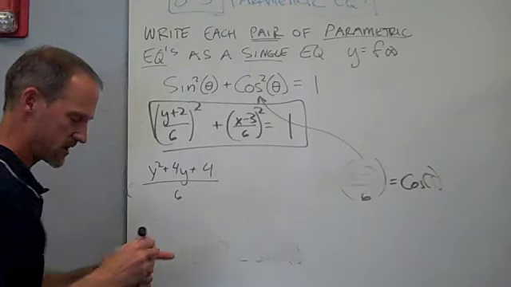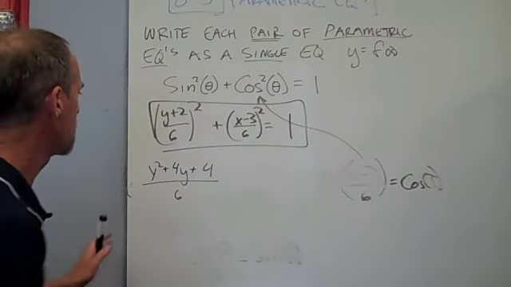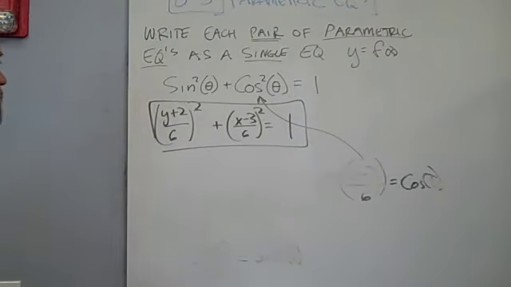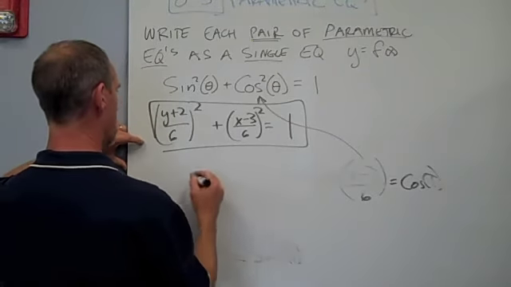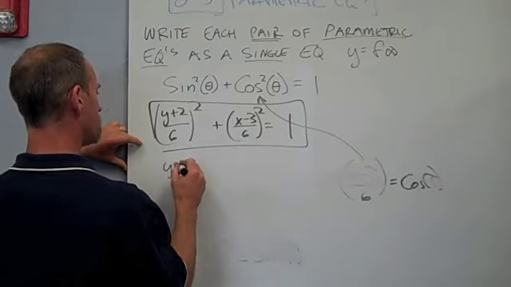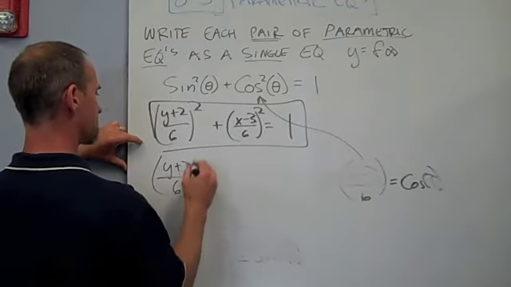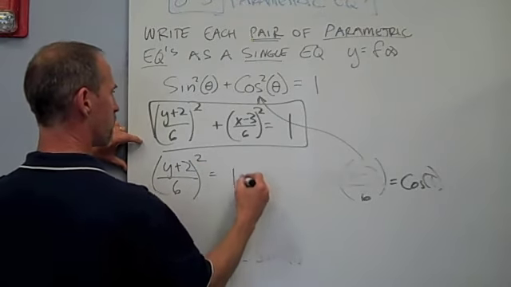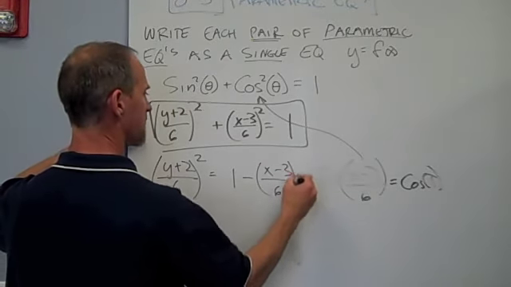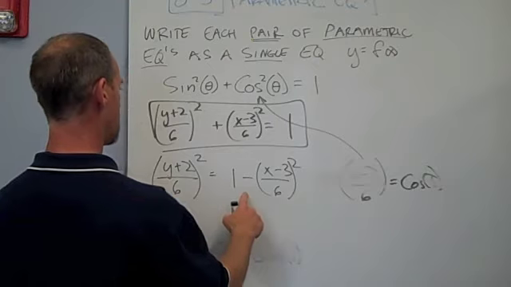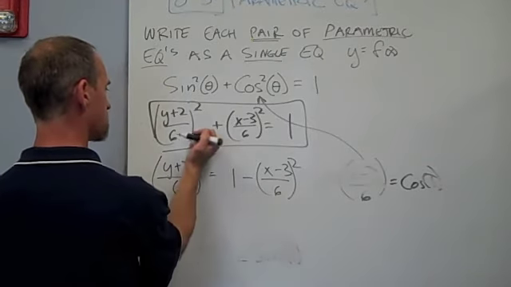Actually, you know what? I'm not going to do that. I am going to get y by itself because I want an equation y equals x. So I'm going to have this be (y plus 2 over 6) squared equals 1 minus (x minus 3 over 6) squared. And then I'm going to take the square root of both sides.